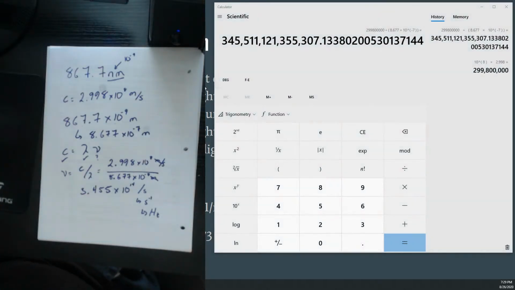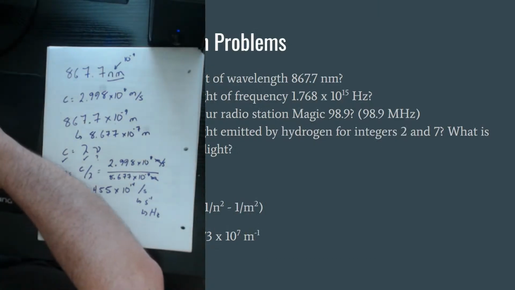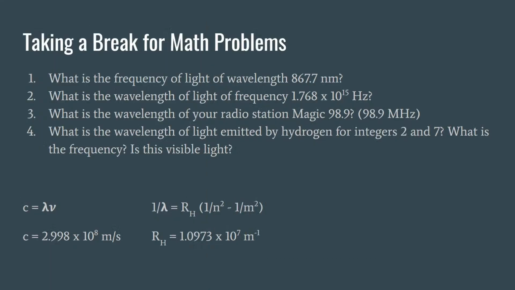Let's bring back up this one. What is the wavelength of light if it has a frequency of 1.768 times 10 to the 15th hertz? Exactly the same sort of problem, only instead of calculating frequency, we're calculating wavelength.